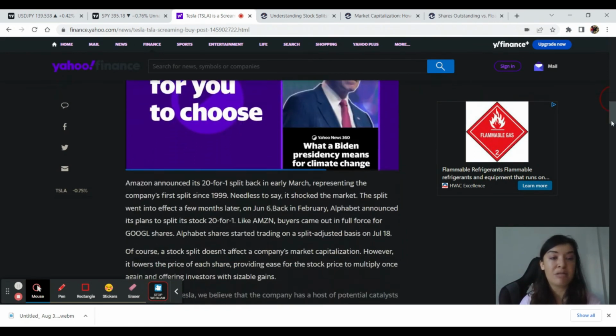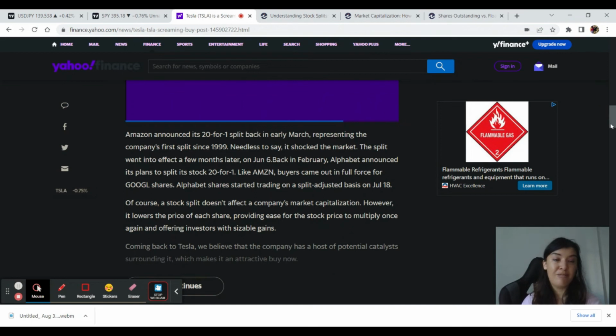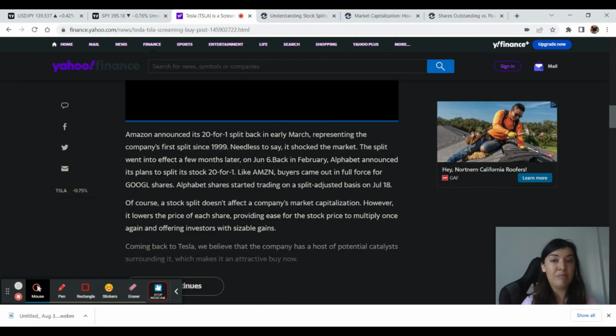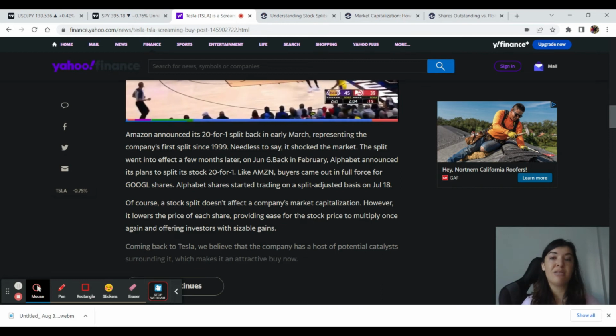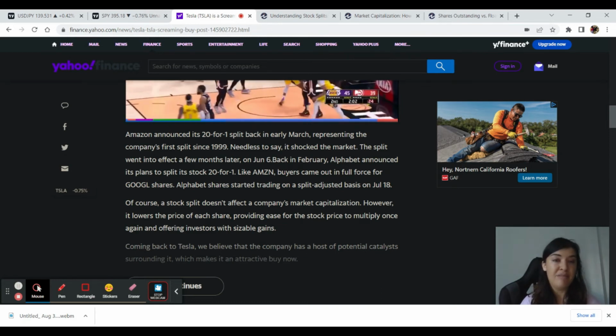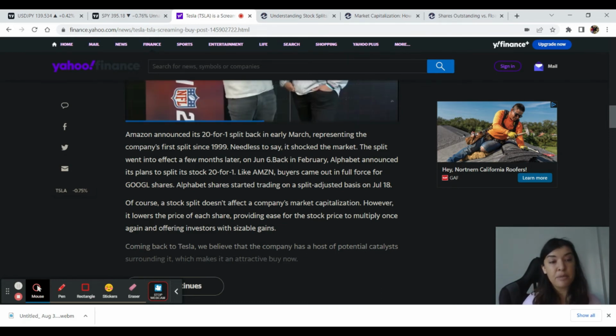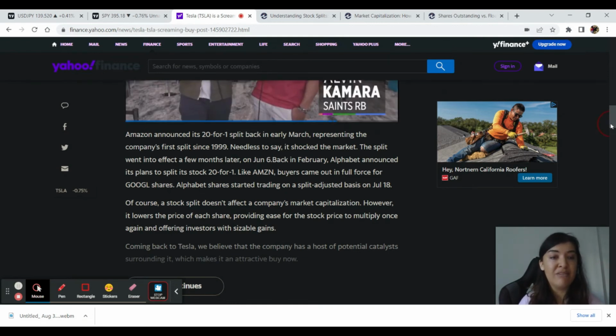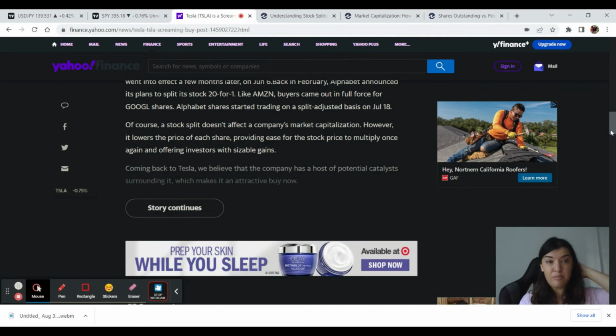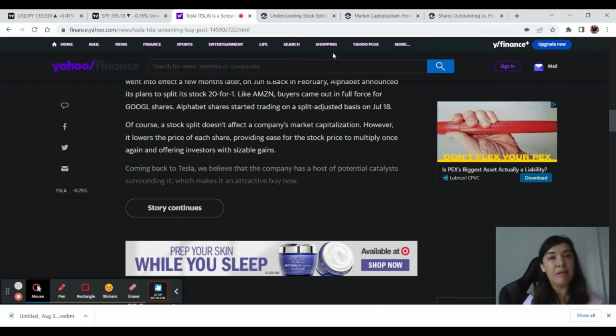I know a lot of people were excited about Amazon when it went from thousands of dollars to 100 or so dollars. That was pretty amazing. Oh, there we go, 20 for one. That is an amazing deal. So that definitely made investors think, okay, Amazon's at a reasonable price point now, we can invest in it. However, it never really exploded after that. It's kind of stayed in the 100 range. So that's interesting.